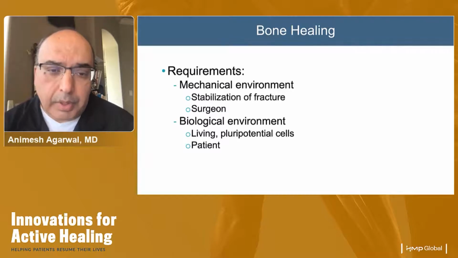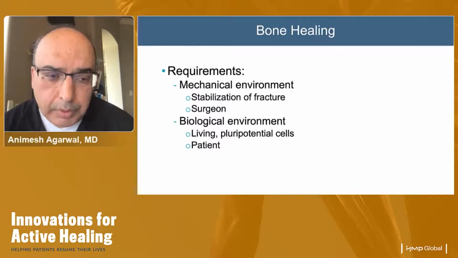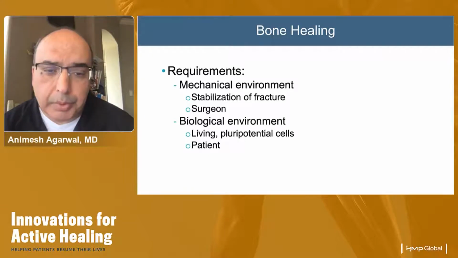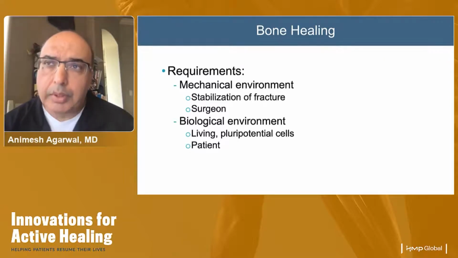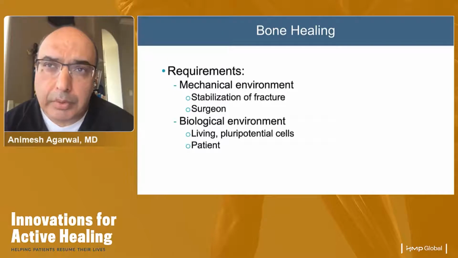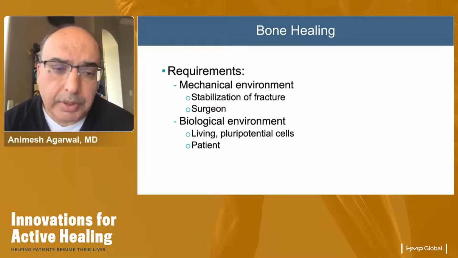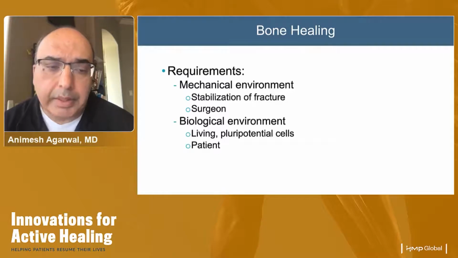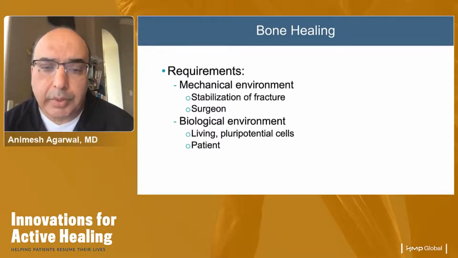The biological environment is what the patient is responsible for. So that's the living pluripotential cells, both from a micro standpoint in terms of looking at the limb and the fracture site, but really having to take the entire patient into consideration.